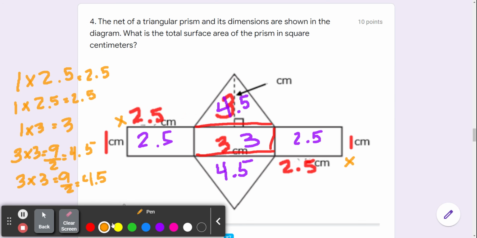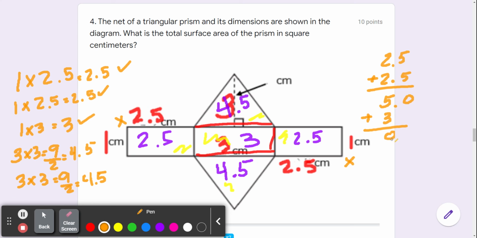So I should have, let's see, 1, 2, 3, 4, 5 numbers I'm adding. Here's 2.5. Here's another 2.5. So when I add those two faces together, that's 5. That takes care of this one and this one. Now I need to add the 3. So that's 8.